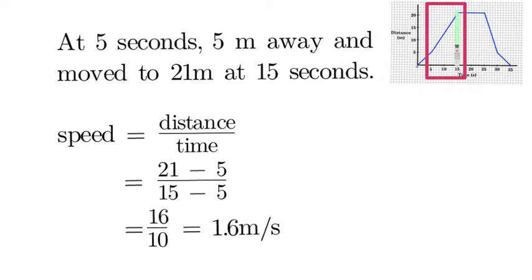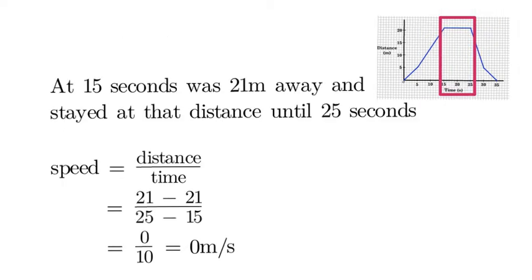Right, let's move along. Changes here again. So let's move to the next section. I'm using the red boxes to go around this time. Right, so at 15 seconds, it was 21 metres away, and it stayed at that distance until 25 seconds. Again, distance divided by time.